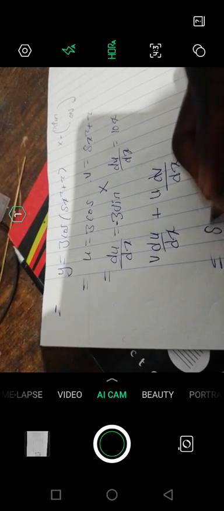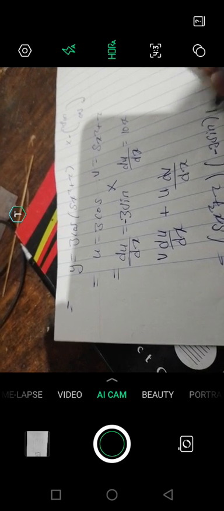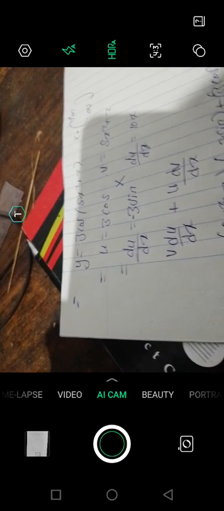What is my v value? It is 5x squared plus 2, right? What is my du over dx? It is negative 3 sine, right? Plus what is my u value? It is 3 cos, right? What is my dv over dx?